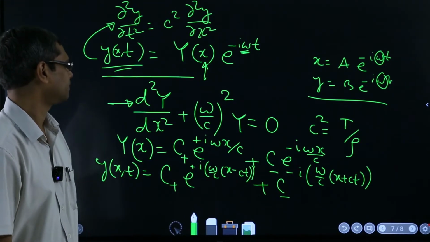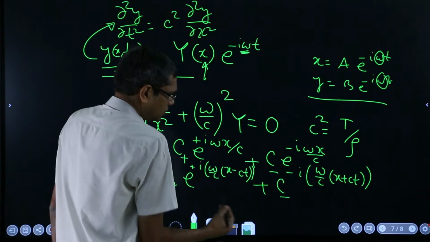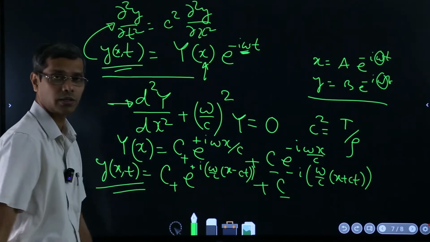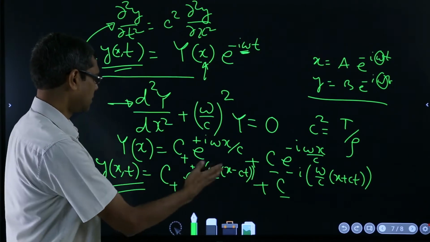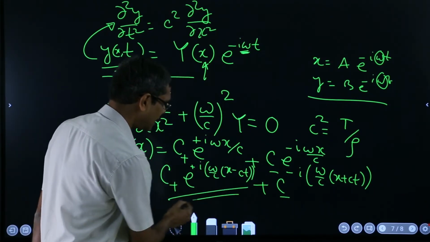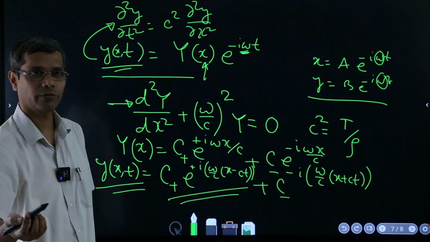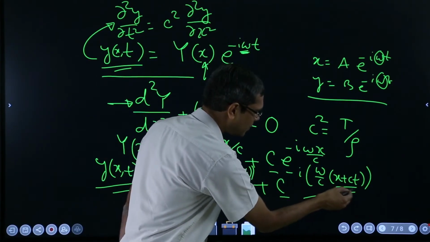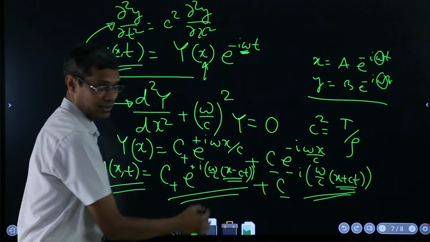Now in fact, you are able to see that this side is the right moving wave, and this side is the left moving wave, because x plus ct, x minus ct.